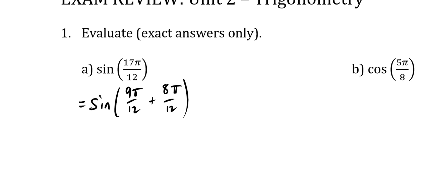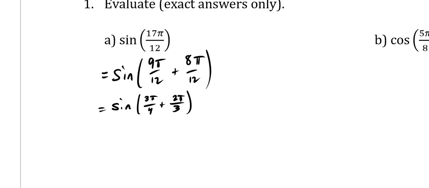9 pi by 12 is 3 pi over 4. 8 pi by 12 is 2 pi over 3. So I can do both of those. And now we have to remember the formula.